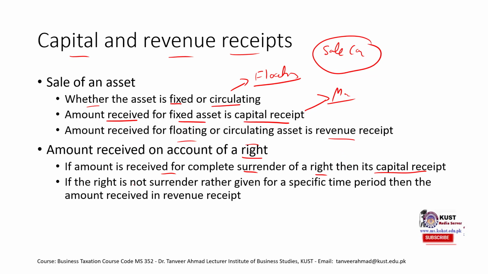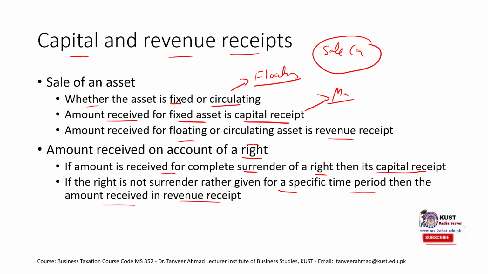If the right is not surrendered, but rather given for a specific time, then the amount received would be a revenue receipt. There are companies, let's just say Microsoft, that do not surrender the rights of the software, but rather give it to you for use purposes, right?